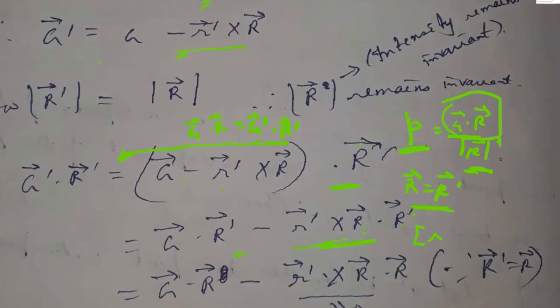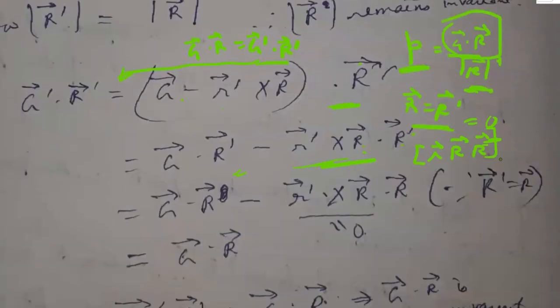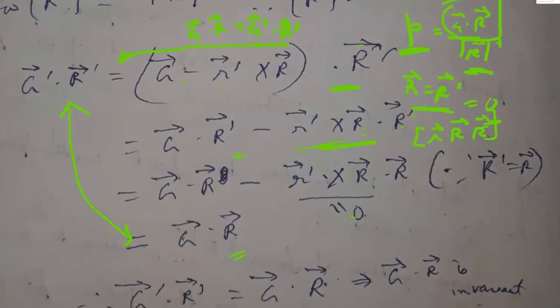So you are handling a box product containing two identical vectors. That means it should definitely vanish. That would give you a scalar 0. So it will go to 0. So what you are left with is G dot R. So you see our original intention is satisfied. We have obtained G dash dot R dash equals G dot R. So it remains invariant. This is how we have proved it. So let us stop here.